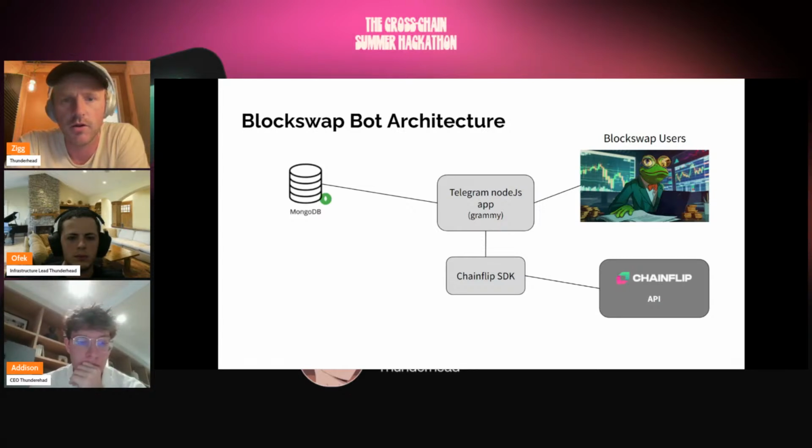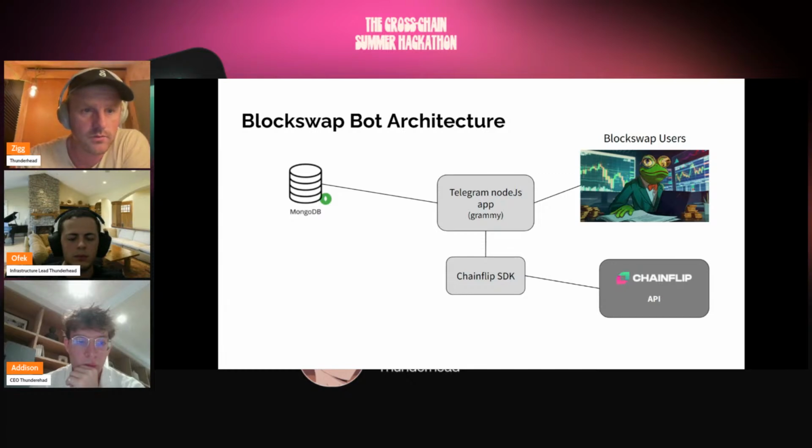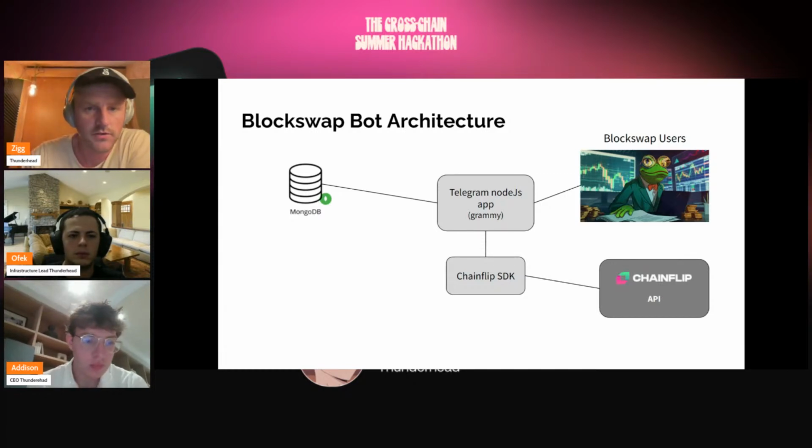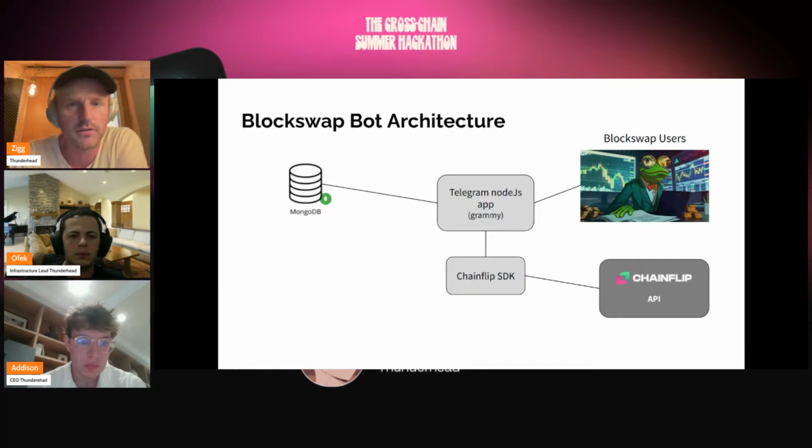They send commands to this application and it responds back and executes certain logic. Off to the left, we have a MongoDB database. When users join the app, they essentially have a record, so we can track their swaps and their Telegram ID. This is required to send them messages. We don't store any other information about them.